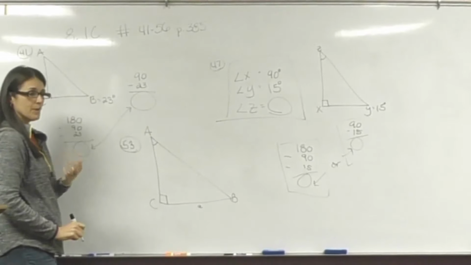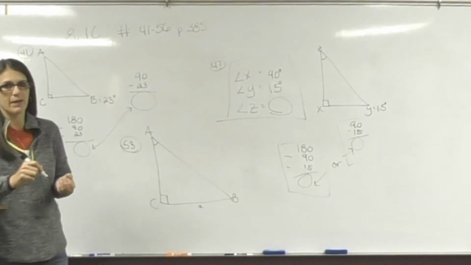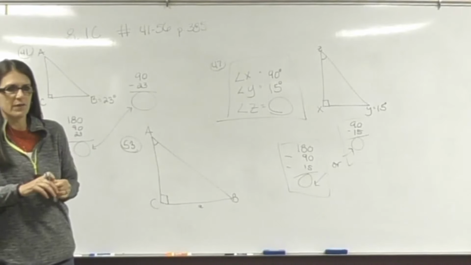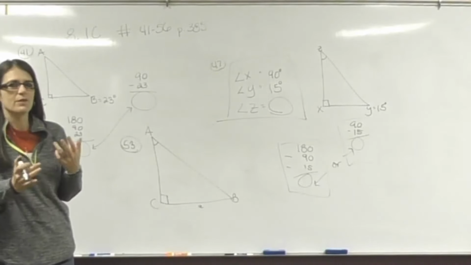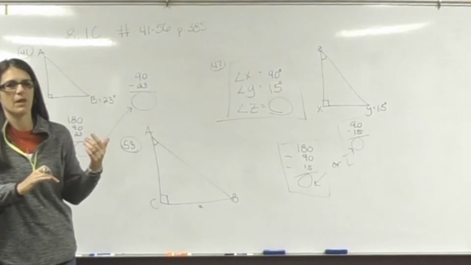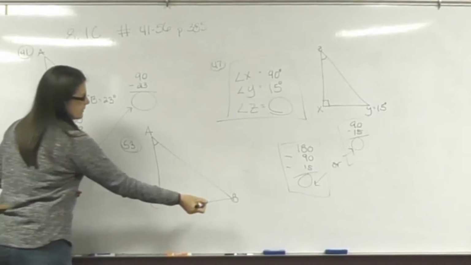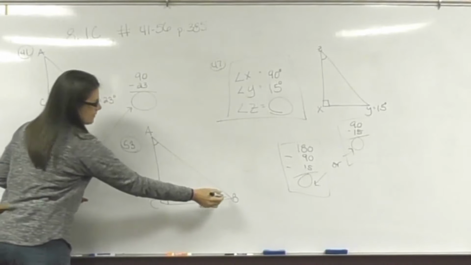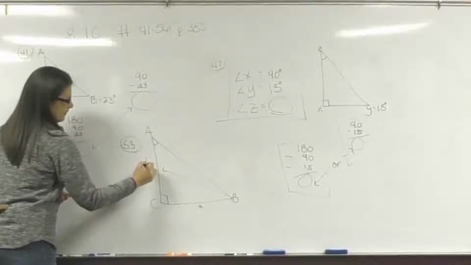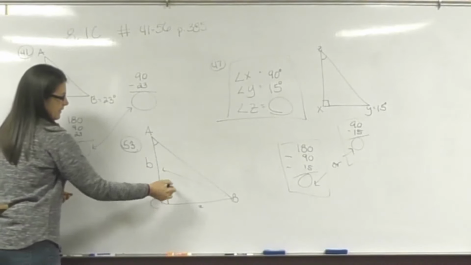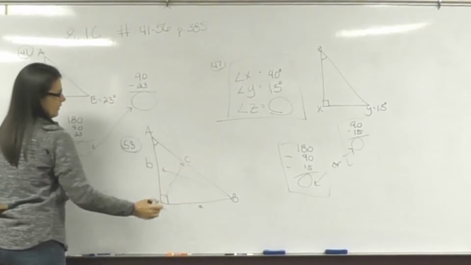I'm going to be grading not just the location of all these letters, but certain ones, remember, have to be capitalized and certain ones have to be lowercase. So this B, I go over to the opposite side here. So that would be side b, and then C, lowercase c.